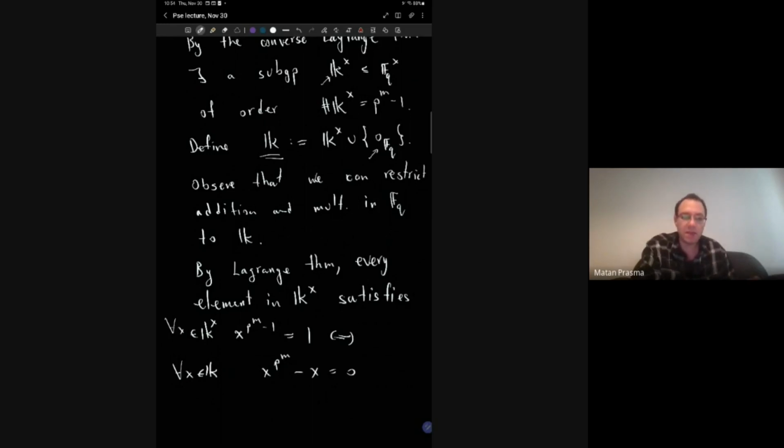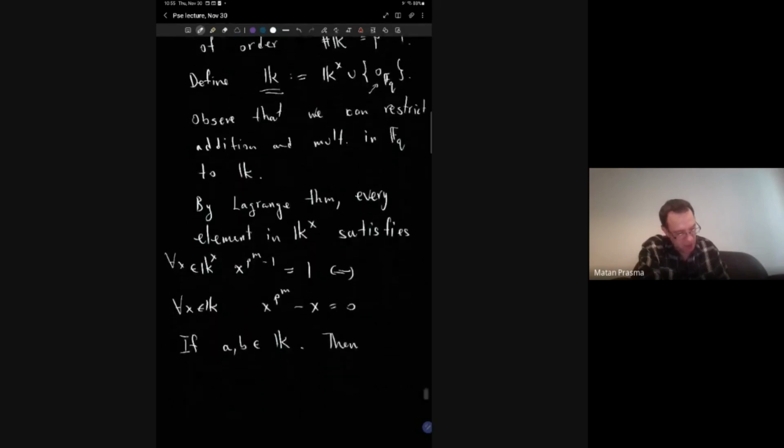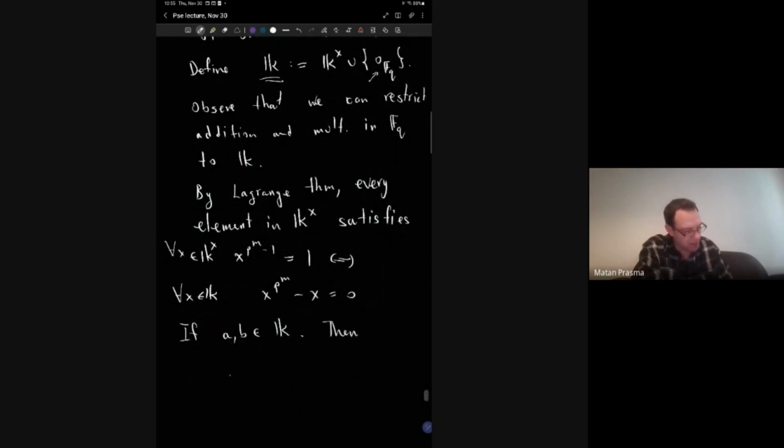What this means is, okay, now I take two elements in K. Then if I do a plus b and I raise it to the p to the m, then by the freshman exponentiation, this is a to the p to the m plus b to the p to the m.